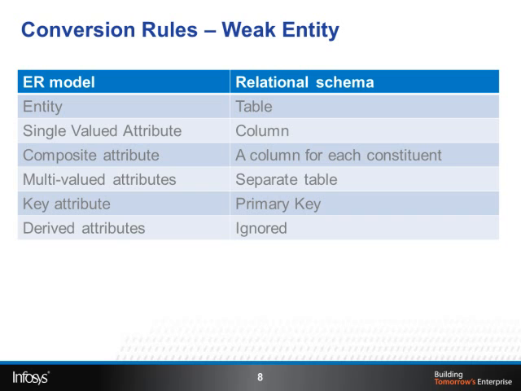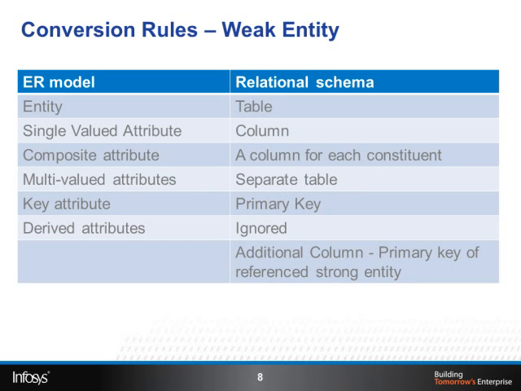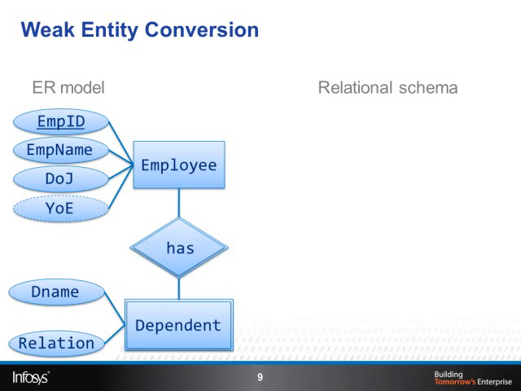Weak entities are converted much in the same way as strong entities. The only difference in approach for weak entity is that an additional column is added that refers to the primary key of related strong entities table. Consider the entity employee and the related weak entity dependent.